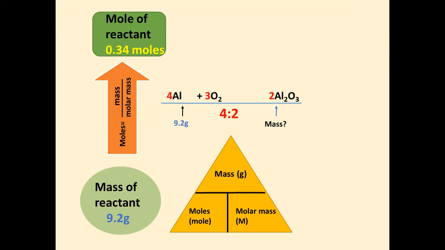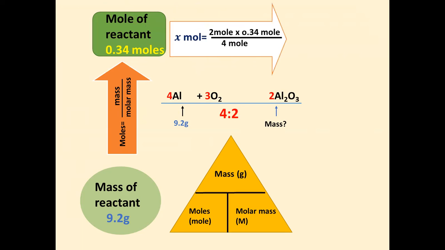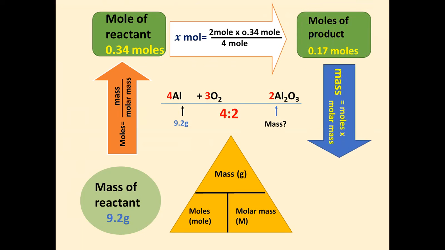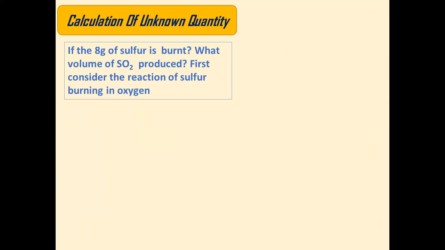If we have the reactant mole, we can find the unknown product mole by using the molar ratio. And this unknown product mole is converted into the mass by using the formula moles multiplied by molar mass, and we get the mass of the product, that is 17.3 gram.